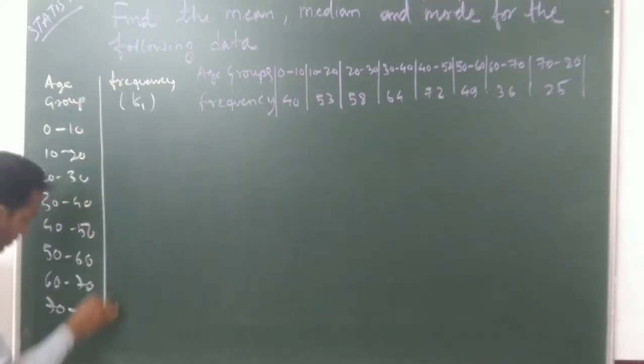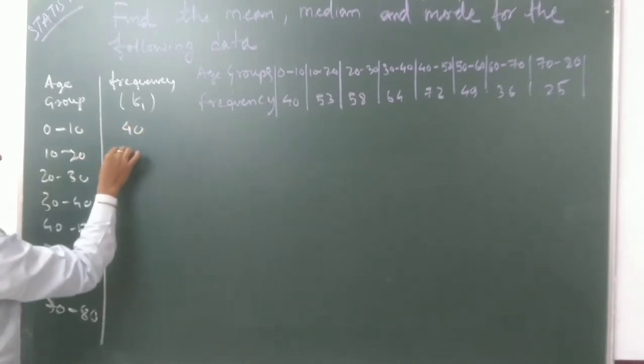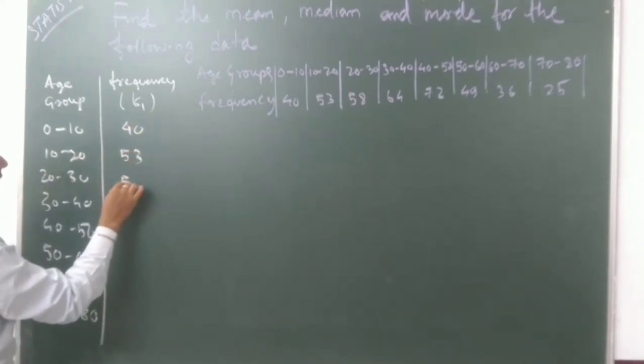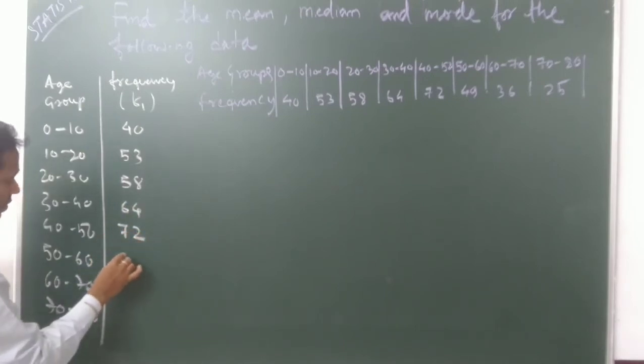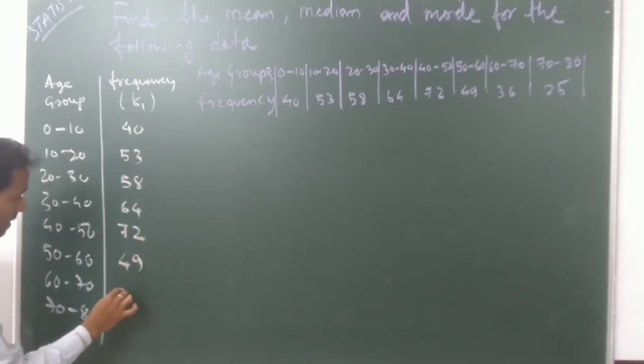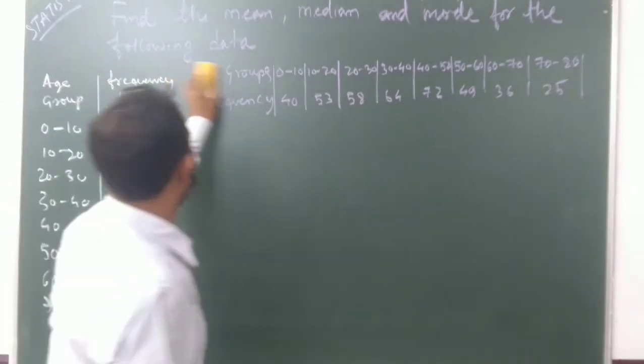Next, for the respective class intervals we have 40, 53, 58, 64, 72, 49, 36, 25.